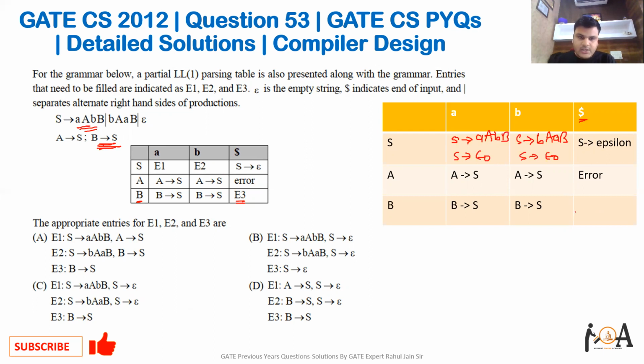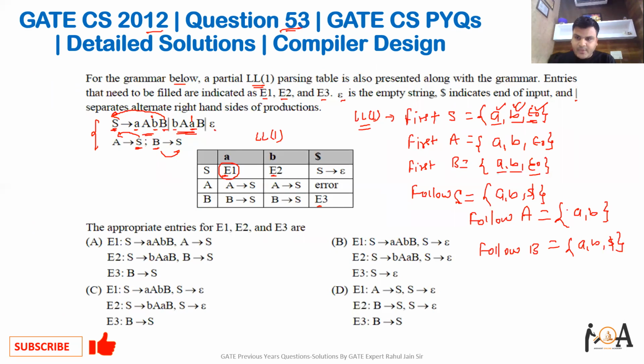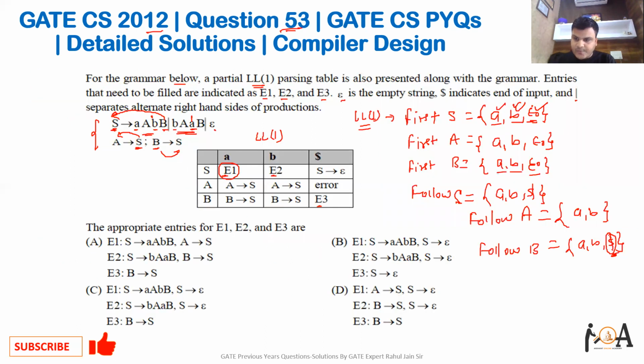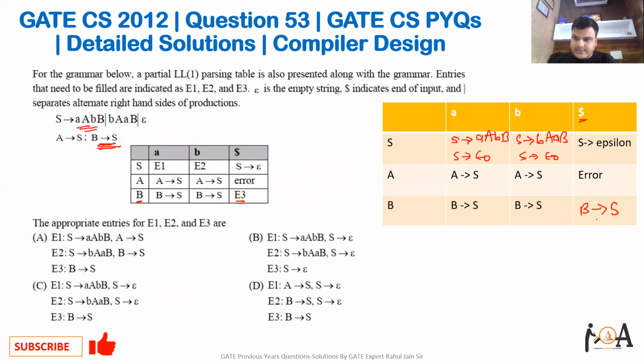If you observe here, on dollar I need to put B derives S. Why? Because follow of B is dollar. So the relation that starts from B, that is B derives S, will be here, because dollar is in the follow of that.